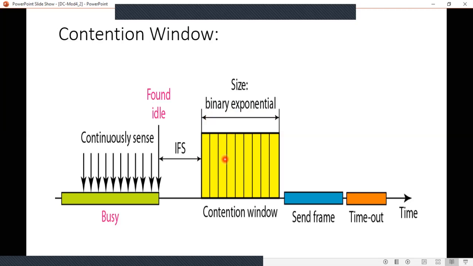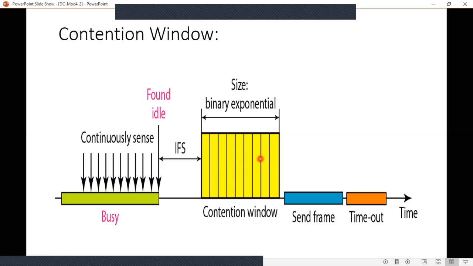Then if it cannot find an idle channel, it doubles the window each time the station cannot detect an idle channel after the interframe space. Understood? After this, a station will choose one slot. Again, if in that particular slot the channel is busy, then it will double the time, choose again from the doubled window, and sense the channel.